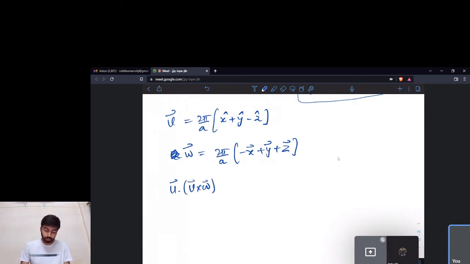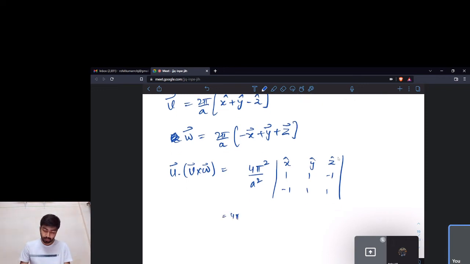V cross W is 4 pi squared by a squared times x, y and z. We have 1, 1, minus 1, minus 1, 1, 1. If we expand it, for x it comes out to be 2.